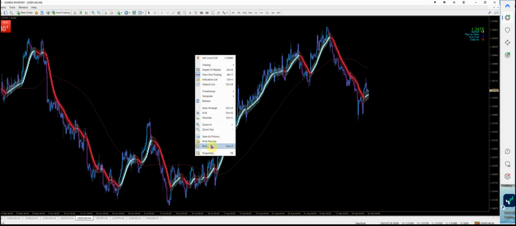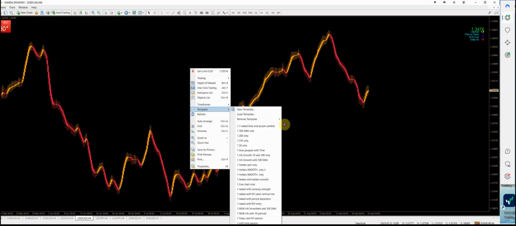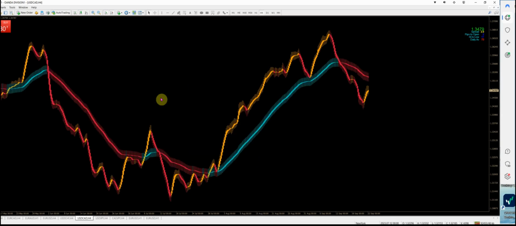Then I did one with just the Heiken Ashi Smooth without any candlesticks, such as this one. And now we have this one right here. So let's talk about this one.